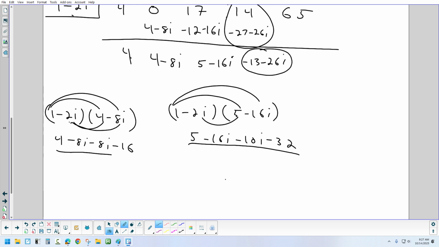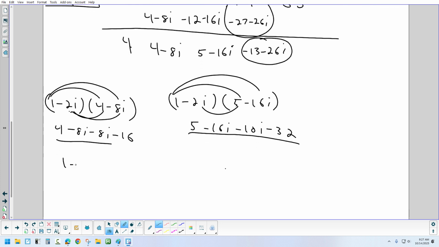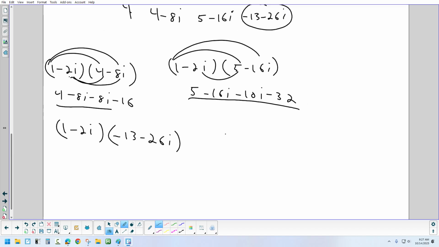So now we've got 1 minus 2i times negative 13 minus 26i. And looking at that quickly, I think that's going to look good. That's negative 13. Now we get negative 26i. Negative 2 times negative 13 is a positive 26i.